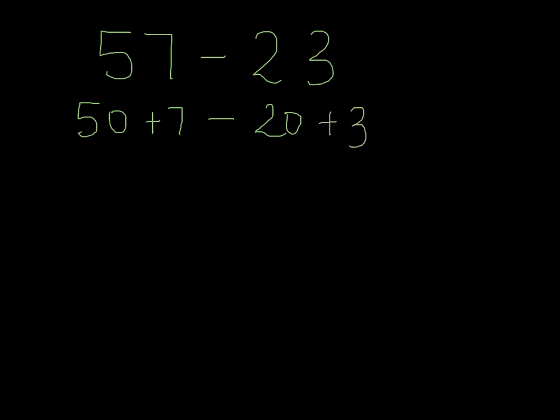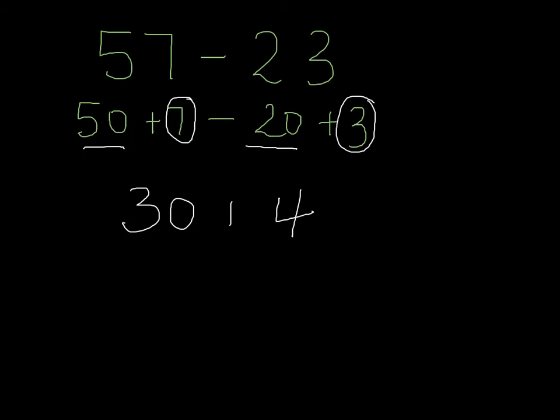So now I'm going to join the two 10s together, and I can see that 50 minus 20 makes 30. And I can also see that 7 minus 3 makes 4.